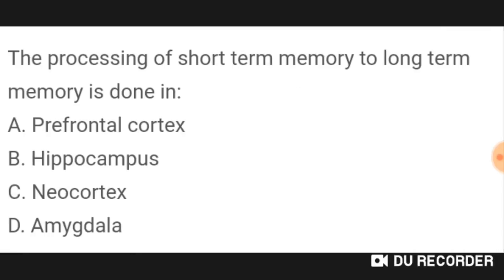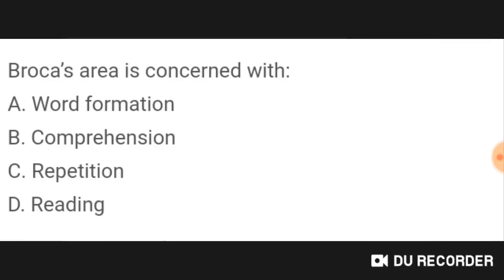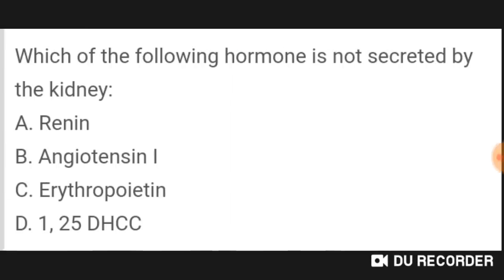The processing of short-term memory to long-term memory is done in hippocampus. Broca's area is concerned with word formation. Renin is secreted by juxtaglomerular apparatus.